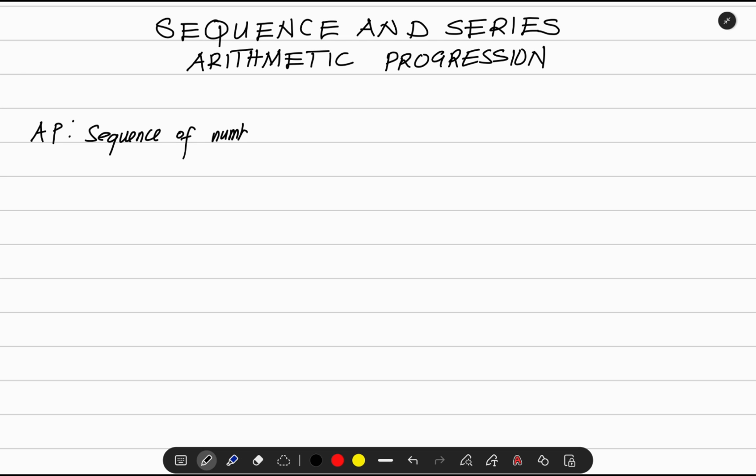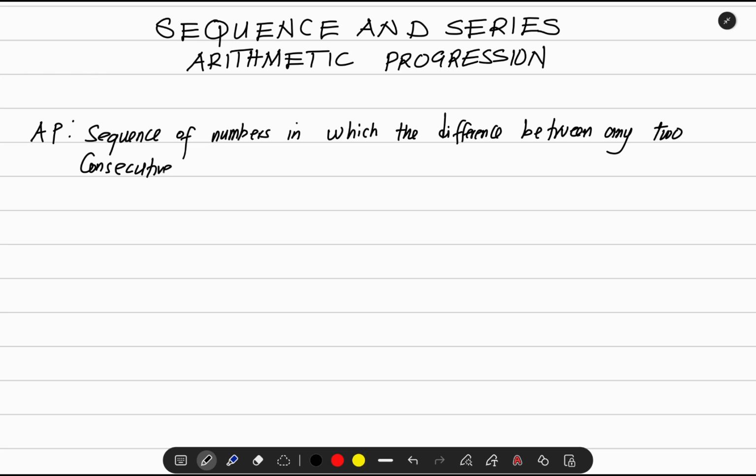Of numbers in which the difference between any two consecutive terms is constant.